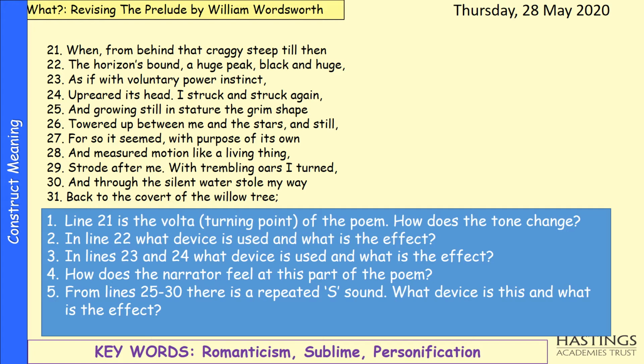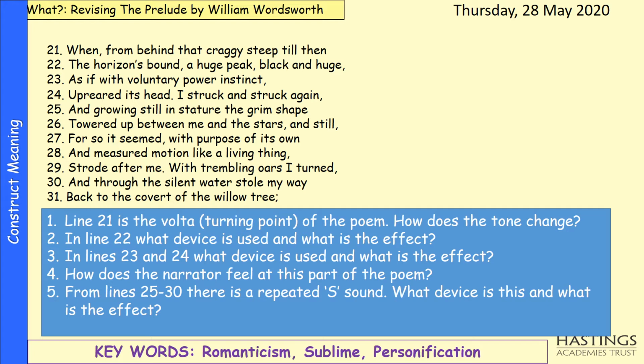So it's like he can see the mountain moving and almost being quite threatening, as if it's going to attack him, which is a huge contrast to how he was describing nature earlier on in the poem. And now it's become threatening and like it's going to attack.